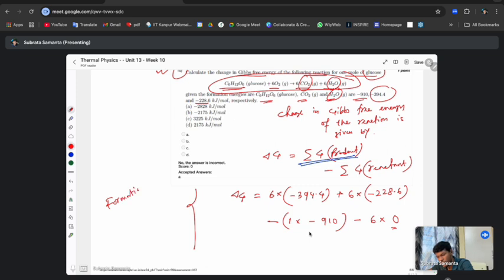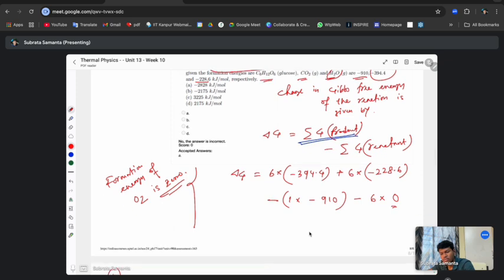So this is 6 times 0. Therefore the total change in Gibbs free energy delta G becomes minus 2828, and the unit is kilojoule per mole. So the option A is correct. Any question?